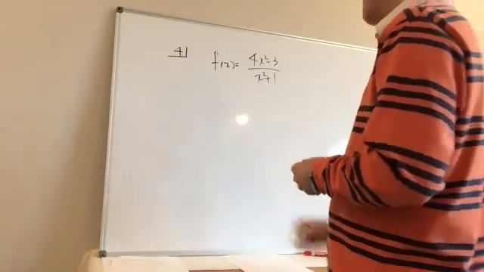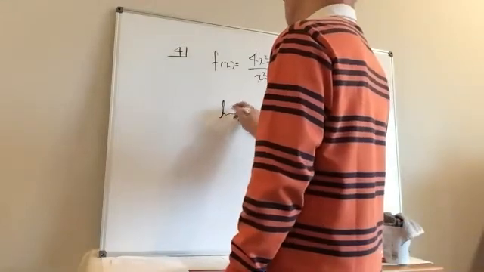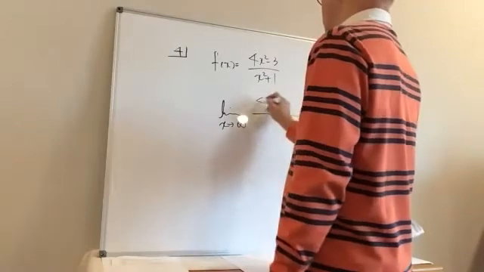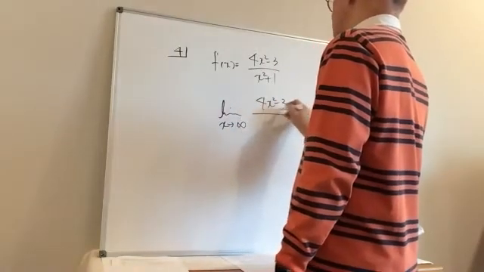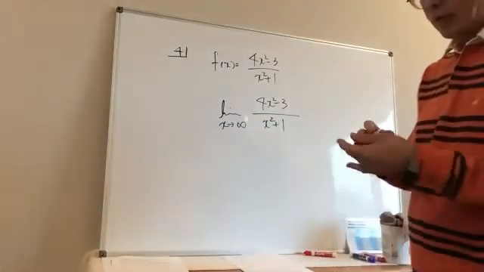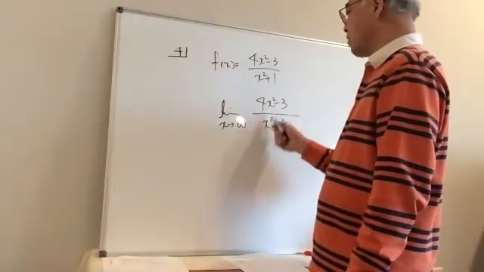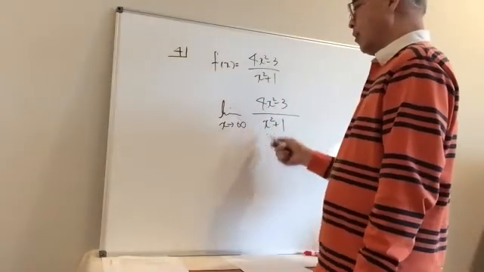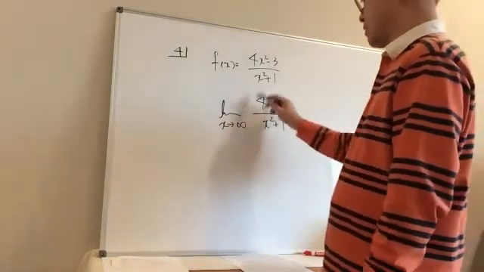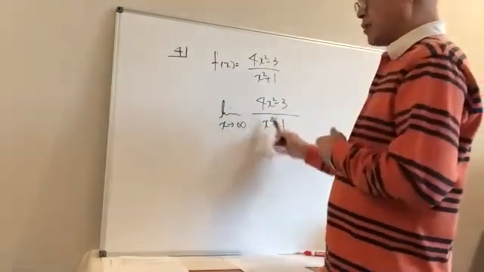So what do I have here? I'm trying to find the limit as x approaches infinity of (4x squared minus 3) over (x squared plus 1). If you remember correctly, when we talked about end behavior, when you have the same degree of polynomial, the end behavior was nothing more than a divided by b, the leading coefficient of the top divided by the leading coefficient of the bottom.